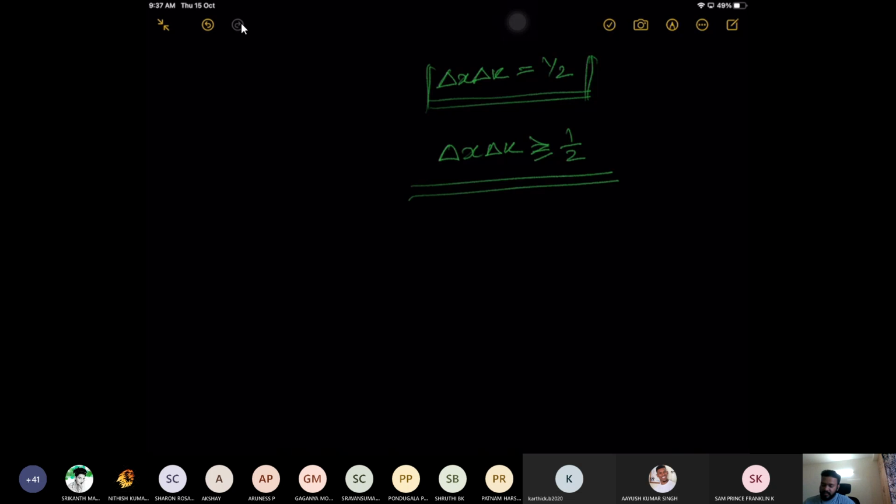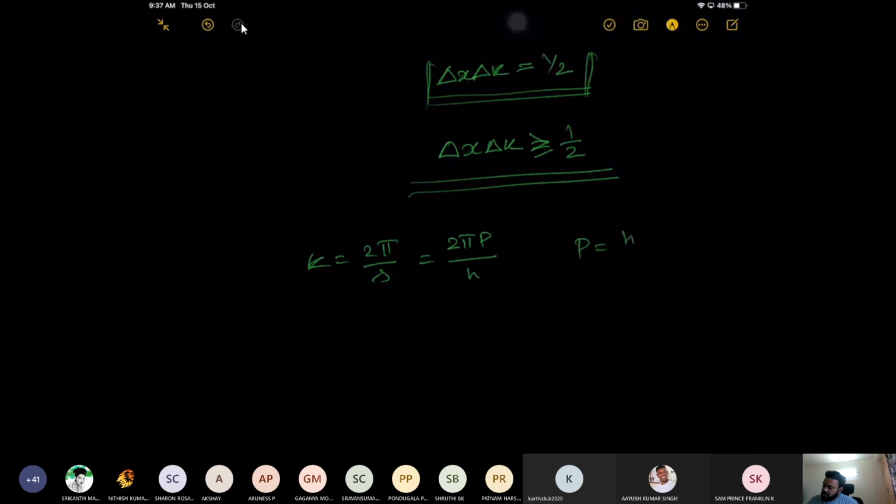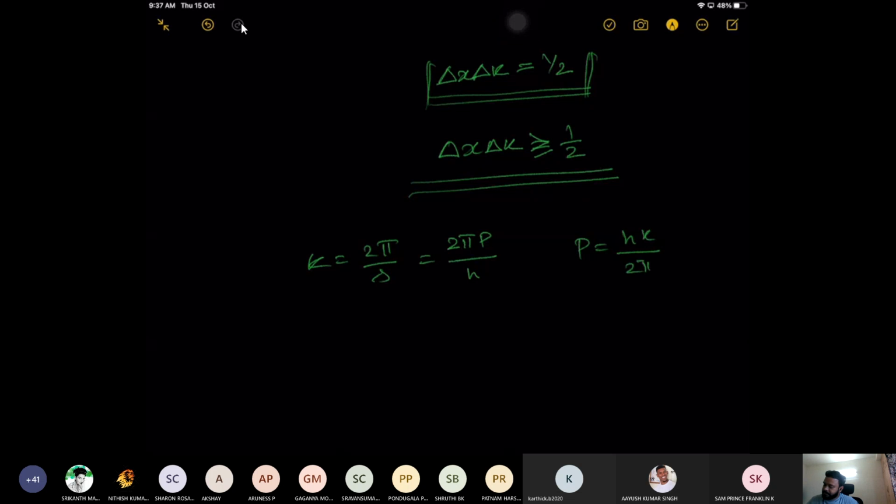From the wave number definition, we can say that k is equal to 2 pi by lambda, and we also know the relationship between lambda and momentum. So k can be related to the momentum by 2 pi p by h. With this we can define p is equal to hk by 2 pi.